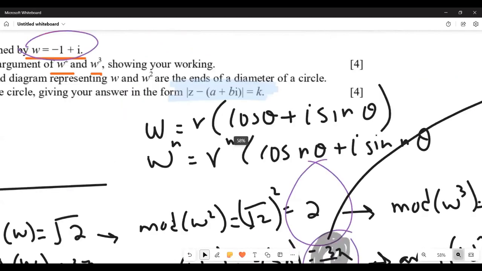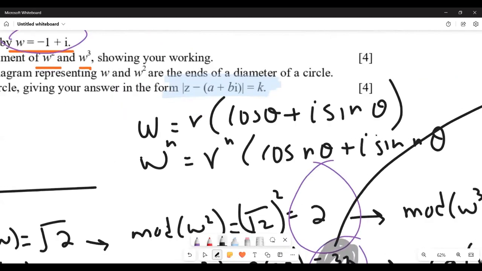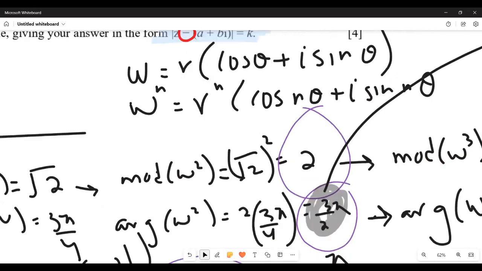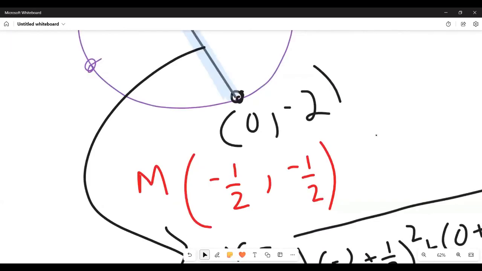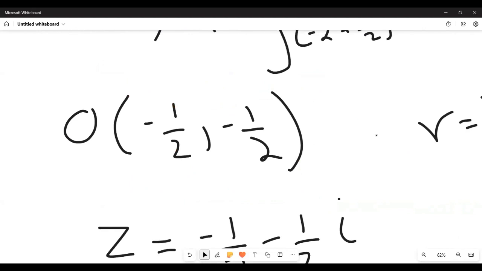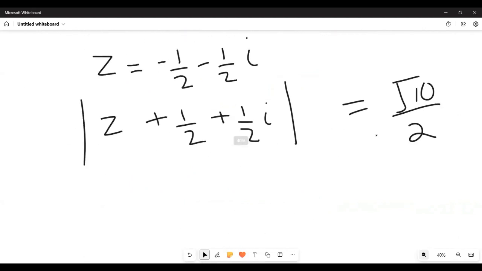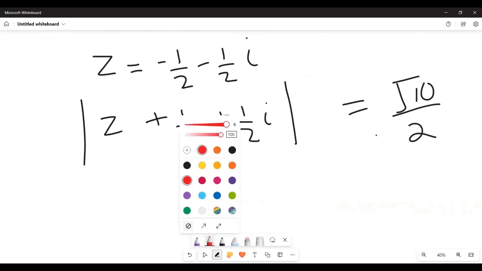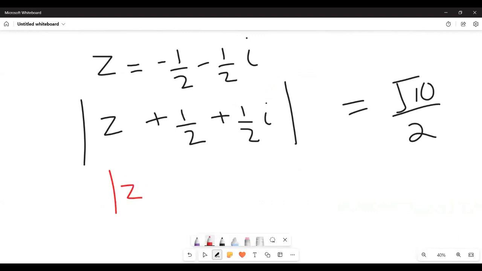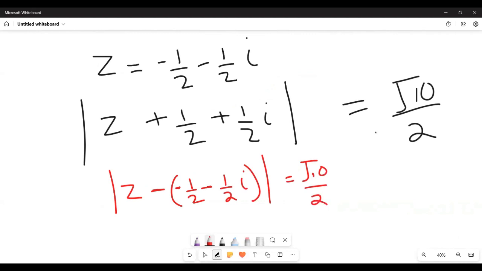Look, there's negative outside. So what I'll do, I'll take minus common and then change the signs inside the bracket. So it's going to be z minus half minus half iota. Signs have to be flipped, is equal to under root 10 upon 2, which is the correct answer.